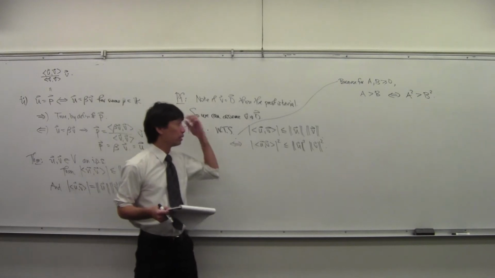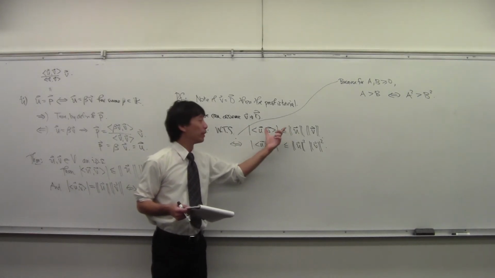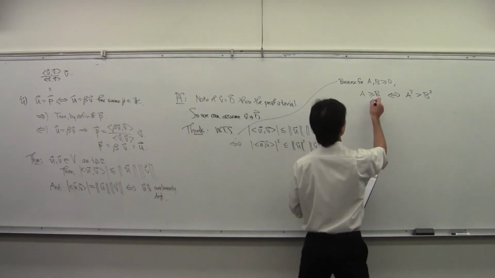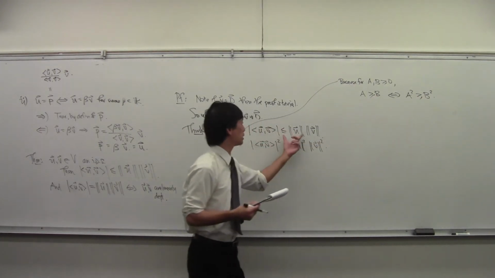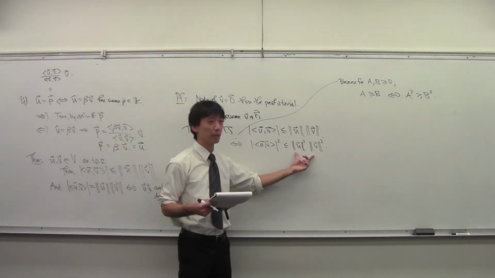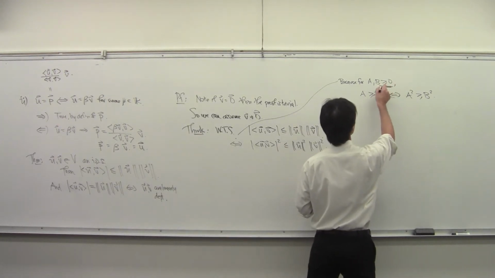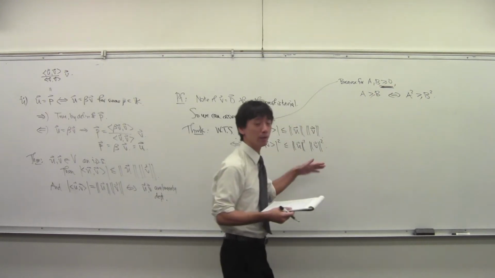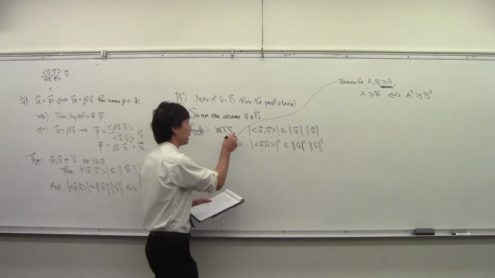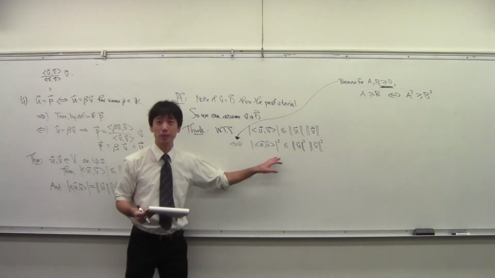Okay, so these are all positive numbers, so if I need to show that this guy is less than or equal to that, it's the same thing as showing that this guy's square is less than or equal to that guy's square. Okay, and it's not true in general, but as long as they're positive, it's okay. So that justifies me changing this a little bit.